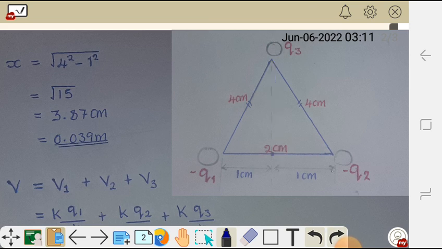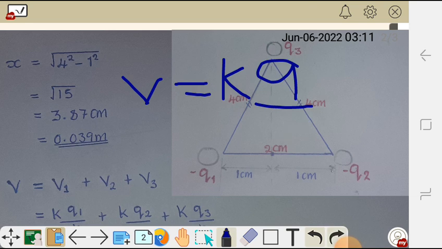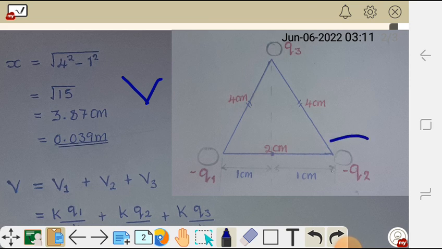To find the electric potential at this point, we are going to use the formula V equals K multiplied by Q divided by R, where R is the distance from the charge to the point where we want to find the voltage. We are going to sum up the electric potential due to this charge, this charge and that charge there.